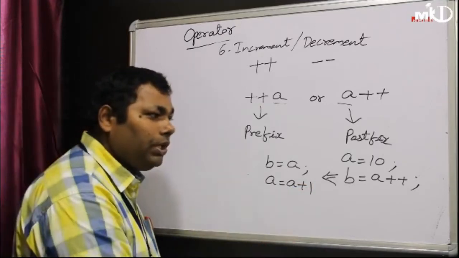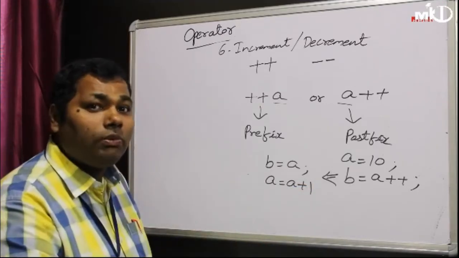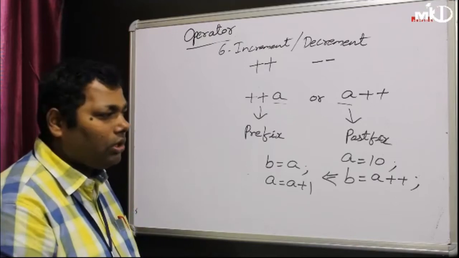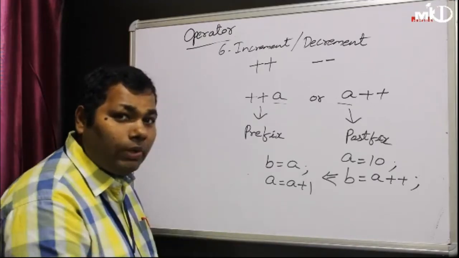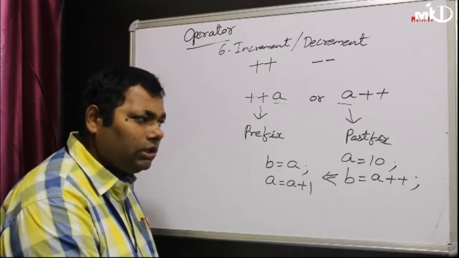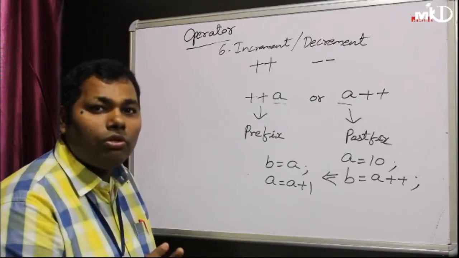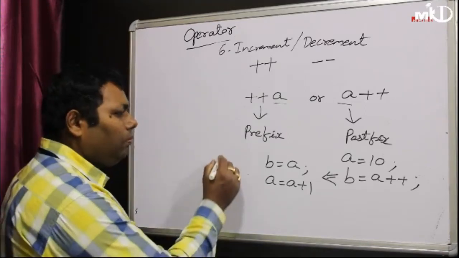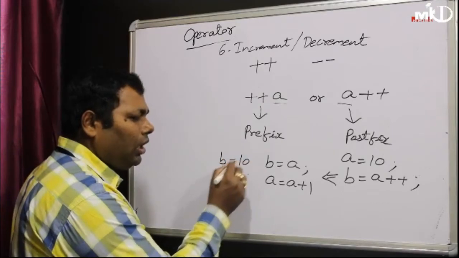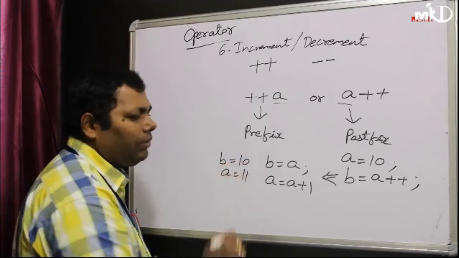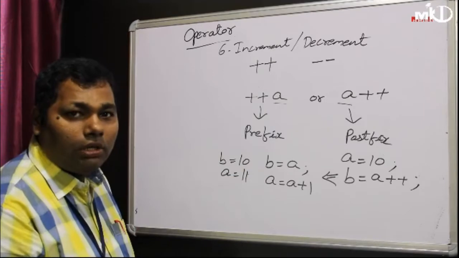As it is postfix, it will increase the value later. First use the old value for the other application, then increase the value by 1. Now what is the value of b? 10. And what is the value of a? 11. Clear?